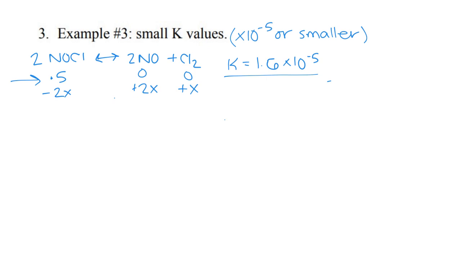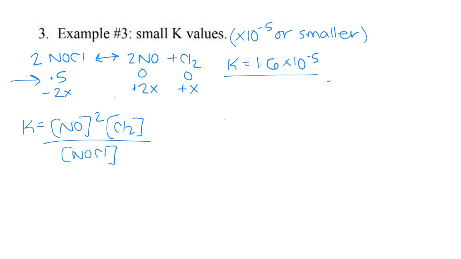So if I write the K expression for this, I would have NO squared on the top. I'd have Cl2 and then NOCl squared on the bottom. So when I take my expressions from my equilibrium row, oh, I didn't set that up. This would be 0.5 minus 2x.